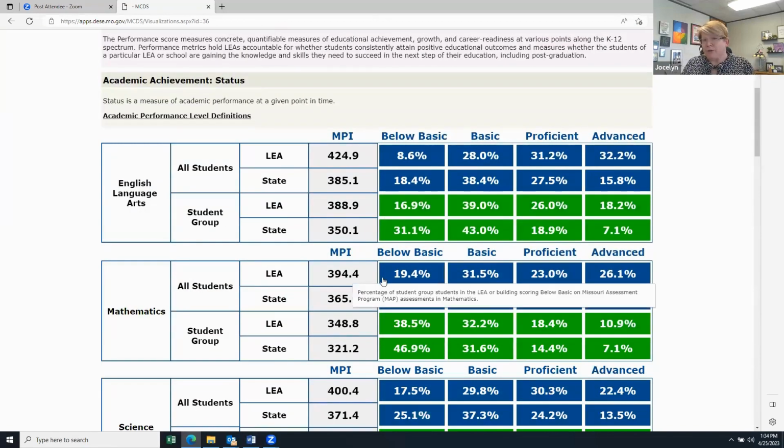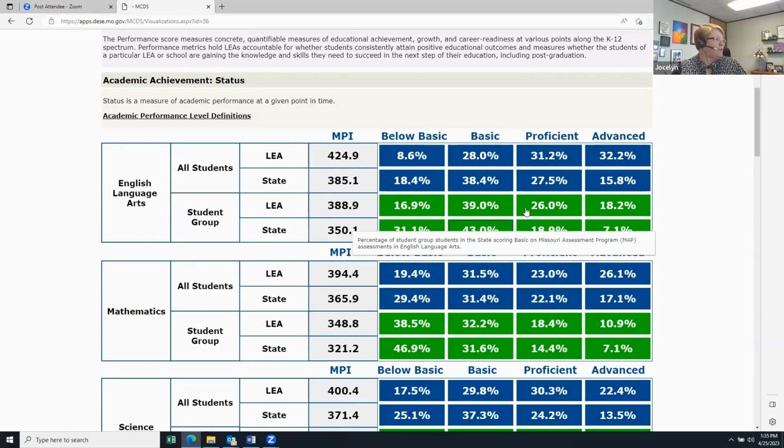What we tried to do for this particular document is to make it easier for parents to understand. When you look at an MPI, it's not necessarily intuitive for a parent. They're not going to come home and say, what was your MPI? So we really wanted to think through what that information looked like.